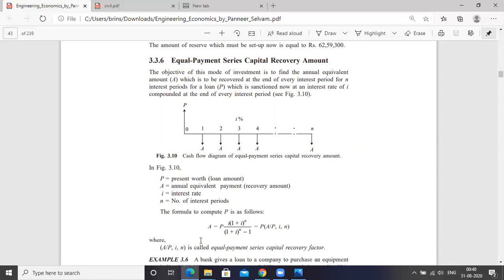Actually, we got this by combining the factors A is equal to P into A by F into F by P, which we have already noted previously, that is the uniform series compound amount factor and the uniform series sinking fund factor, right?